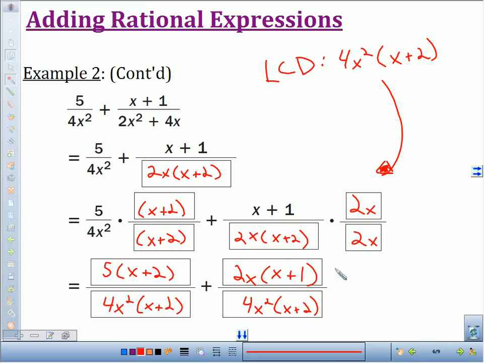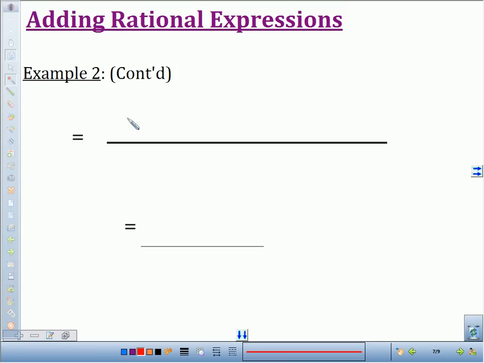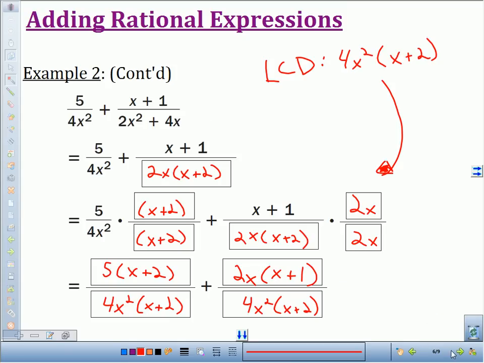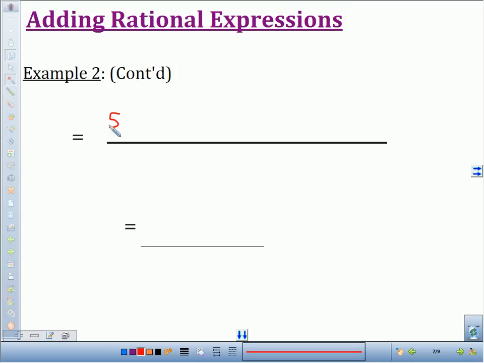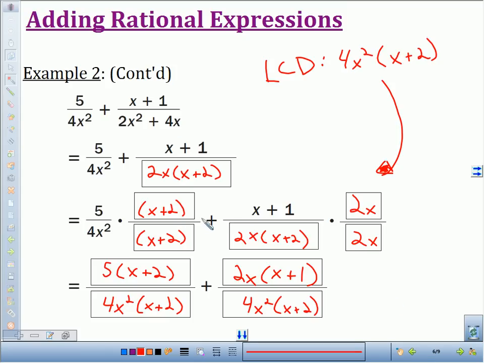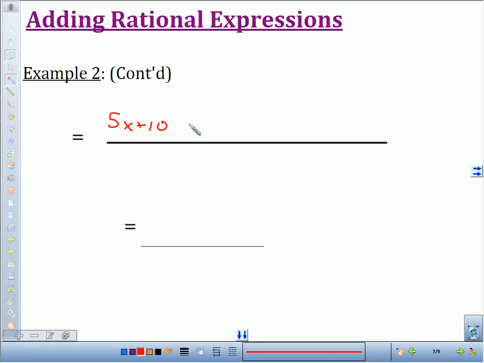My next step would be to actually add my two fractions together. So that's what I'm going to do now. 5 times x plus 2 is 5x plus 10, plus 2x times x plus 1 is 2x squared plus 2x.